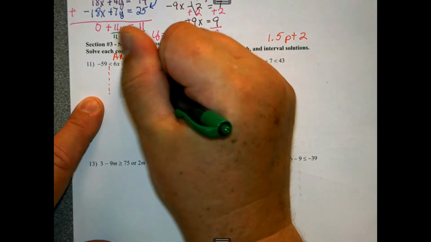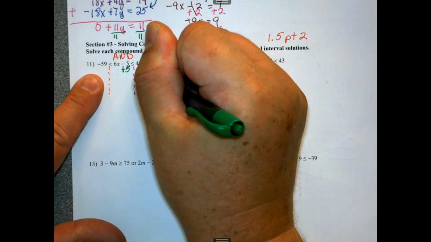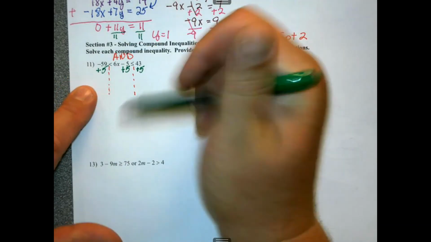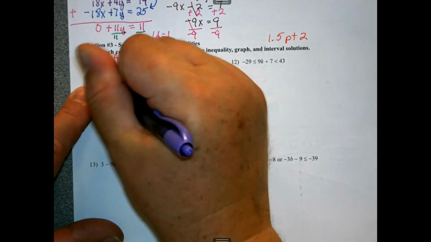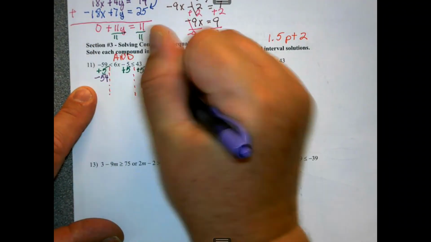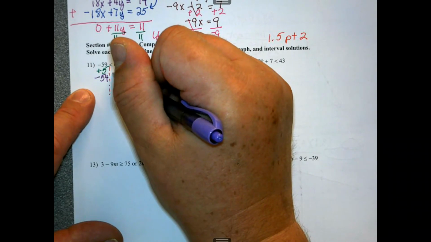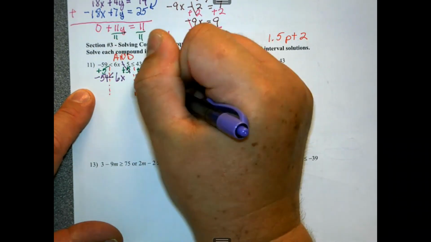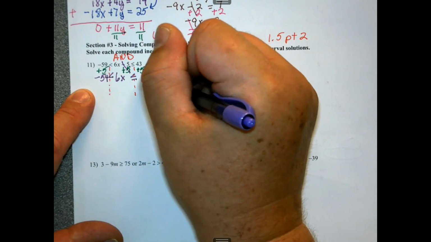I'm going to add 5 to the middle column and then go out to the sides and add 5. So negative 59 plus 5 is negative 54. These fives cancel. So 6x is less than or equal to 43 plus 5, which is 48.